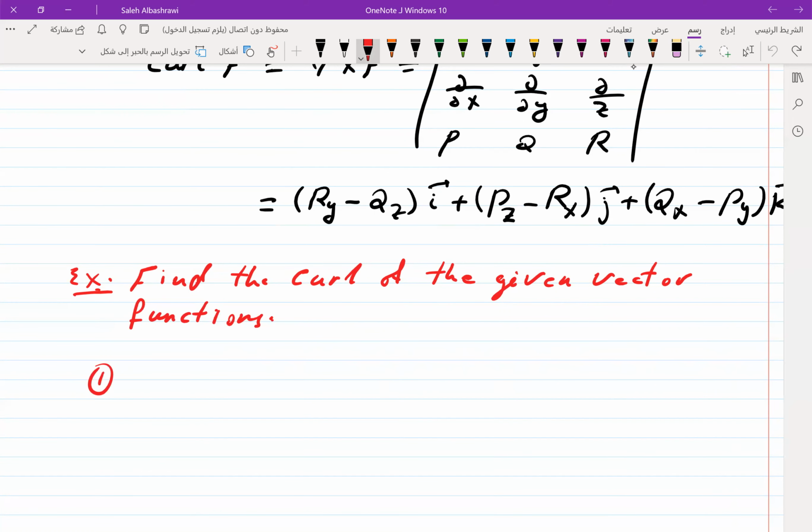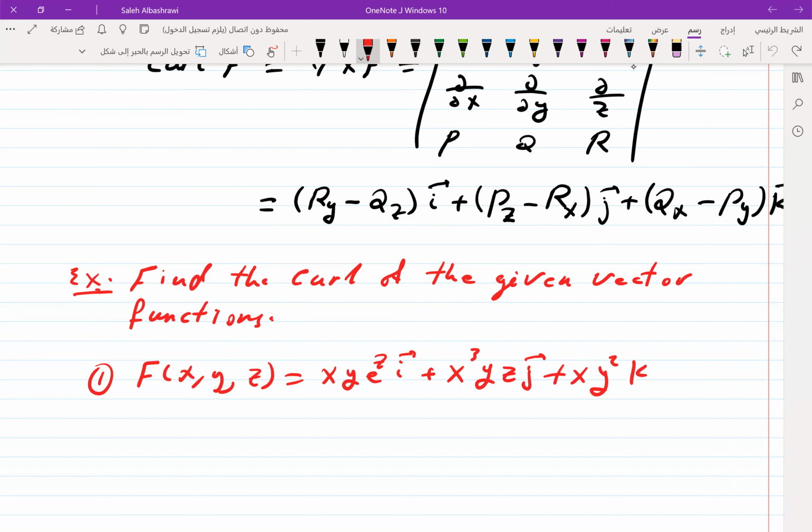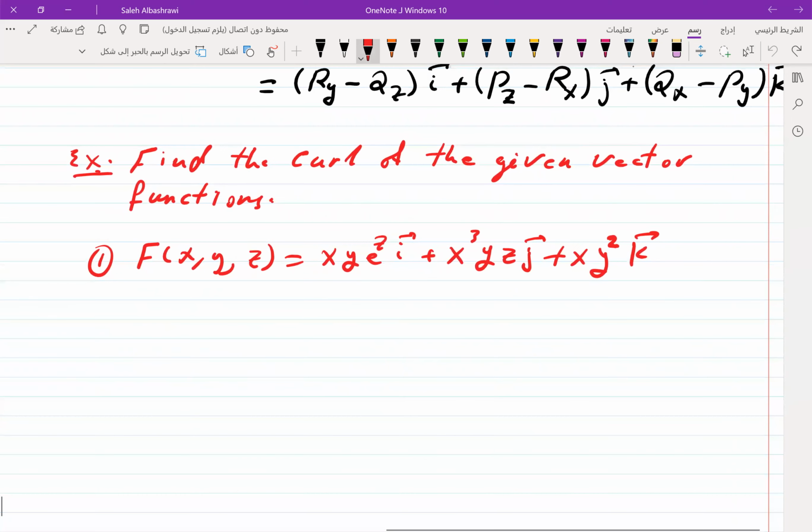Number one, f of x, y, z is equal to, let's say, xy e to the power z i plus x to the power 3 yz j plus xy squared k. Okay. We want to find the curl of this vector function.